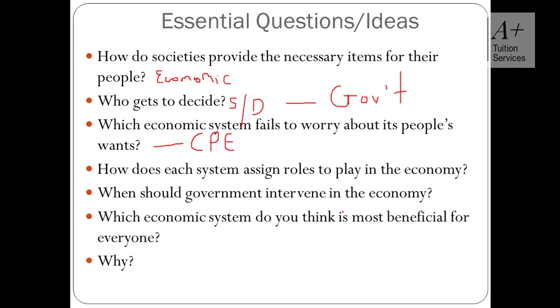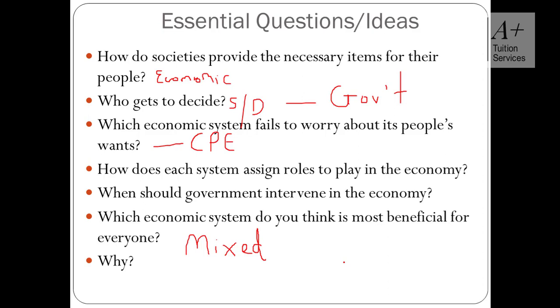Personally, I will go with the mixed economic system because in a centrally planned economy, the government has total control, right? And people, in terms of needs and wants, are not really met because of that. And in a free market economy, things can get out of control with no laws and systems in place to prevent any exploitation and so forth.